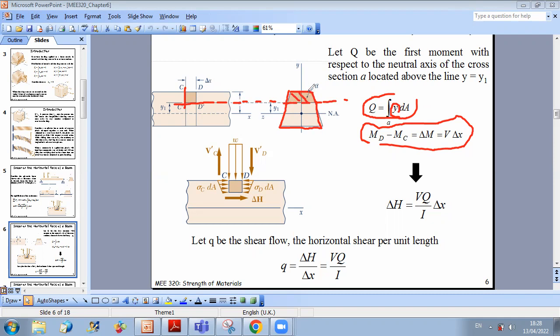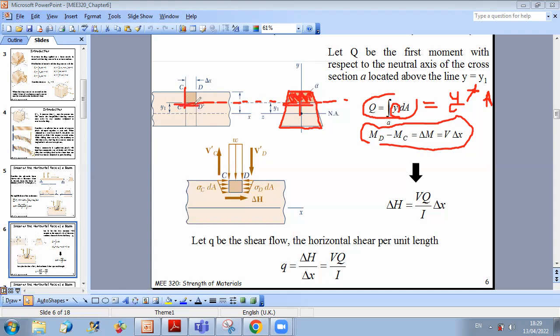And I can replace the integral of y dA by y star times A, where y star represents the centroid position of this area, of course, relative to the neutral axis, times the area of concern. This is my area from the top to the level where I did the cut here.